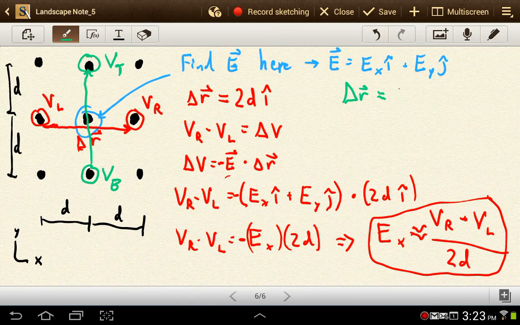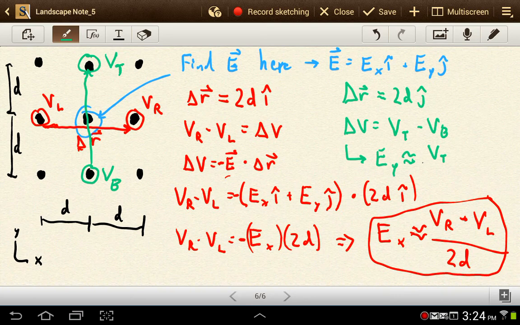So now delta R is 2D, you're going a distance of 2D, and you're going up, so we're going J hat, and delta V is going to be V top, where you finish, minus V bottom. And what that'll get you is that the y component of the electric field is going to be, oh my gosh, negative sign, I forgot the negative sign. Okay, so it's going to be approximately negative VT minus VB over 2D.